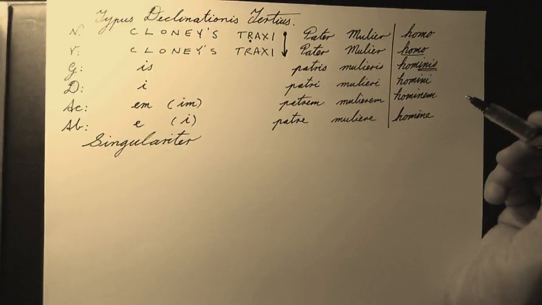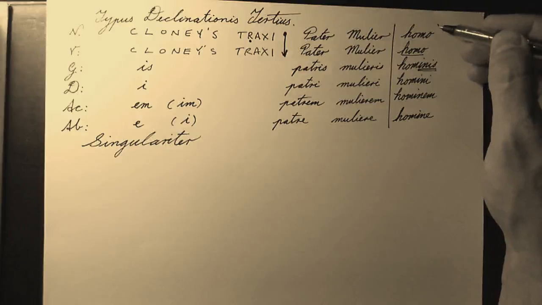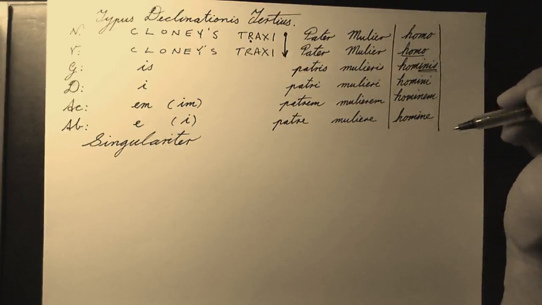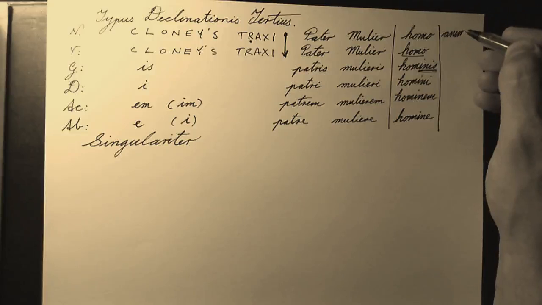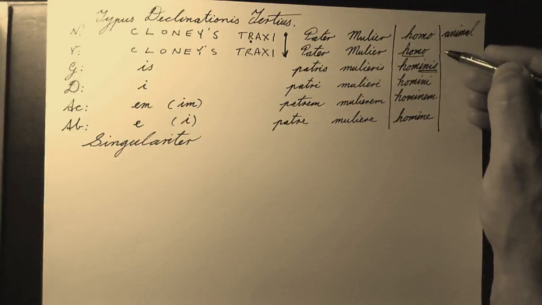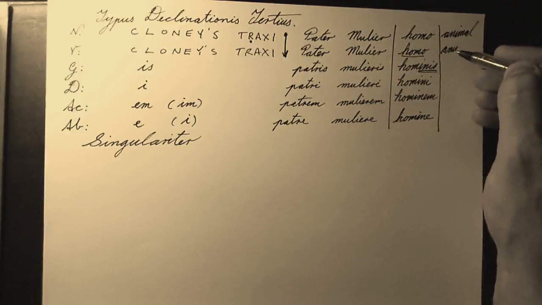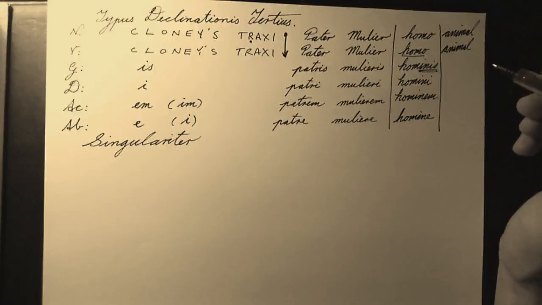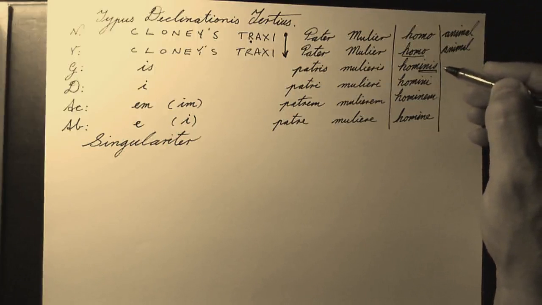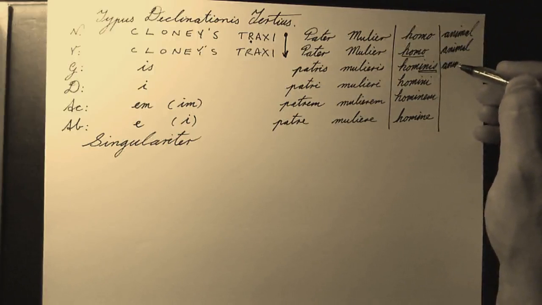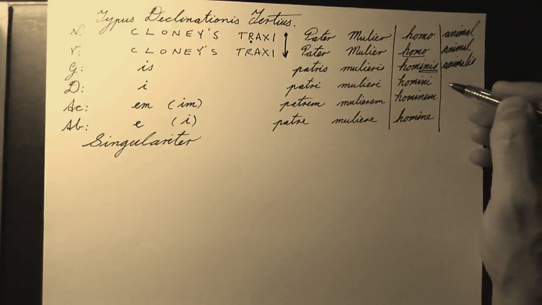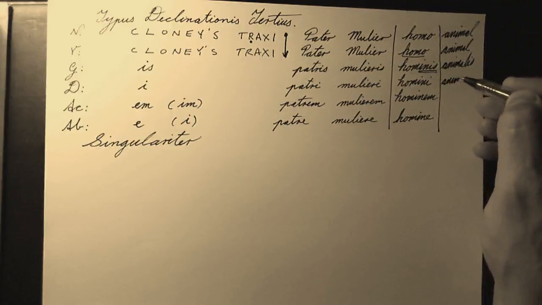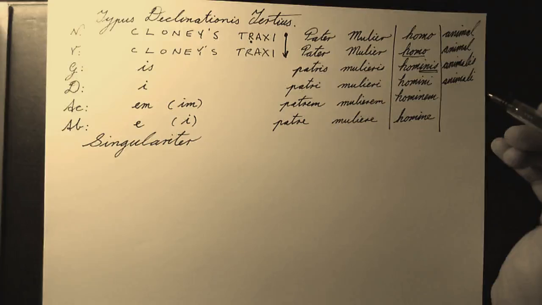Let's have a look at an example of a neuter noun that ends in the letter L. And we have another subcategory. Animal. And it's going to be the same here. Hello, animal. Because these are the casus recti. Then animal's, apostrophe s, animalis. To the animal, animali.